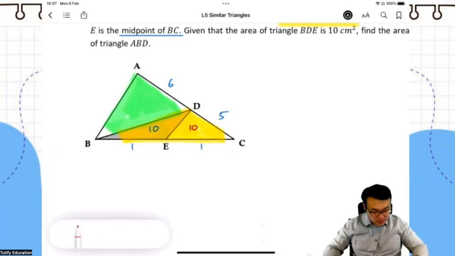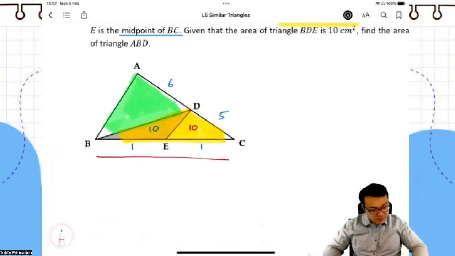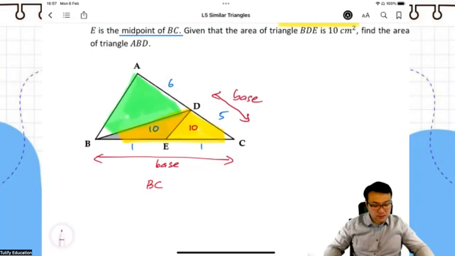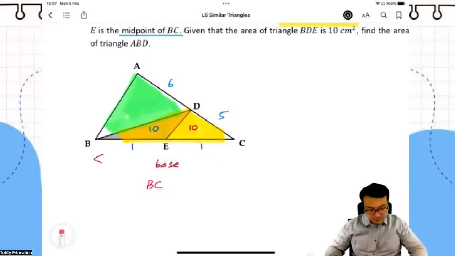Should I say that the base of the yellow triangle is BC, or should I let this be the base of the yellow triangle? We are trying to compare the green and yellow, right? So which one do you want to use as the base? DC or BC?